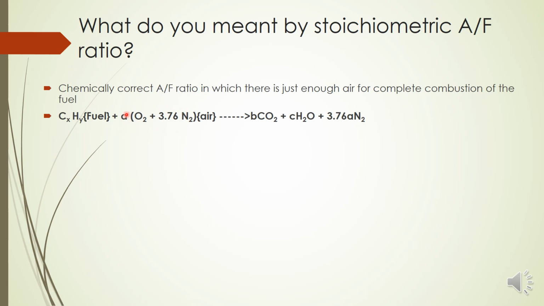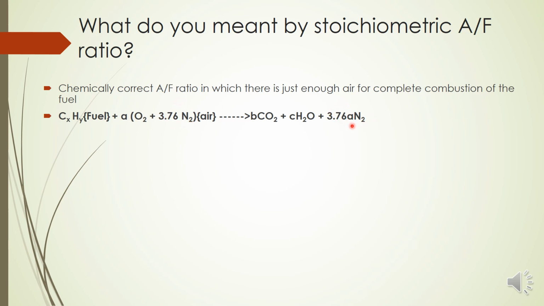And we don't know how much air is required, so we are putting a constant a here. And what are the products for complete combustion? Complete combustion means all the carbon will be oxidized to form carbon dioxide, and similarly all the hydrogen will be oxidized to form water vapor. So this is b CO2 plus c H2O, and we are assuming that nitrogen will remain inert.